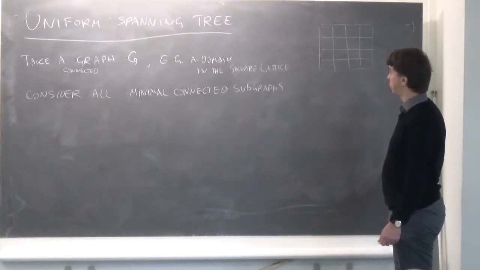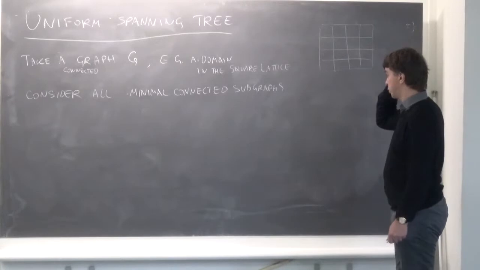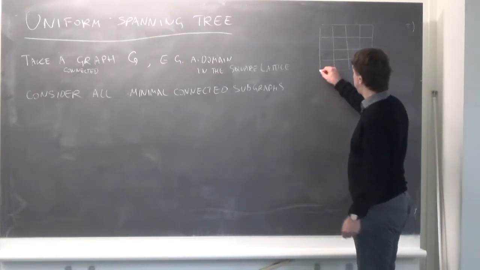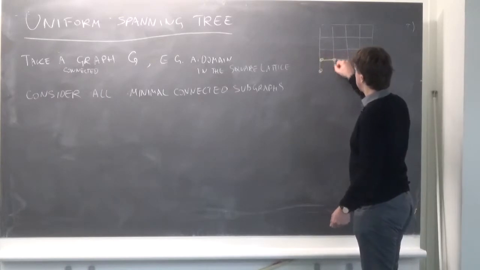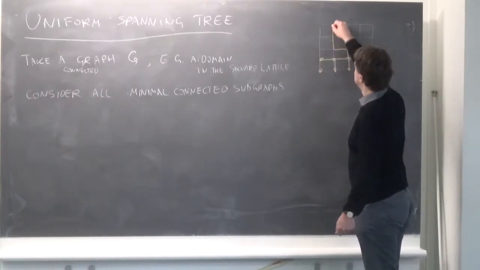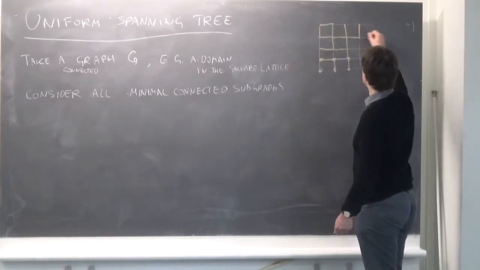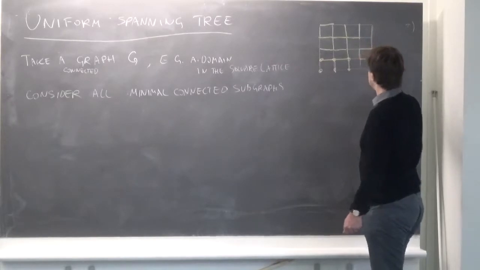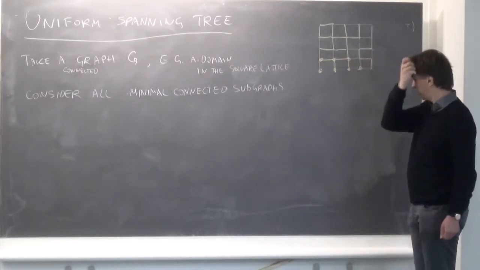Maybe I poorly worded it. For example, this would be a disconnected subgraph, obviously, because there are 1, 2, 3, 4 components of connectivity.